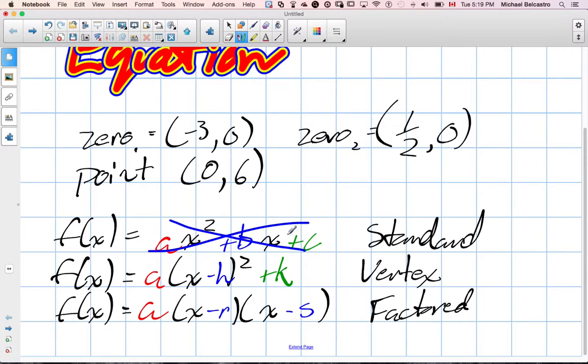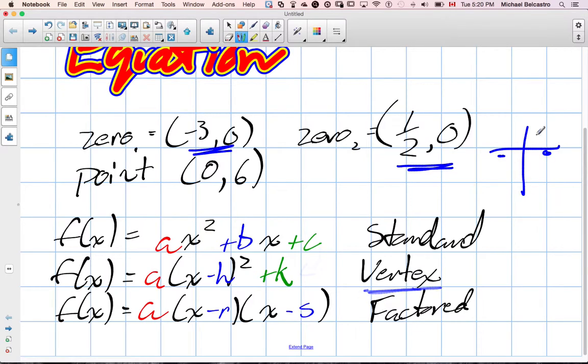Okay, the vertex form, you essentially want the vertex, which we can almost find. We have 2 zeros, but that's all the information we have. We know the x value of the vertex would be between them, but the y value will be hard to calculate because we don't have an equation, so we can't really use the vertex form.